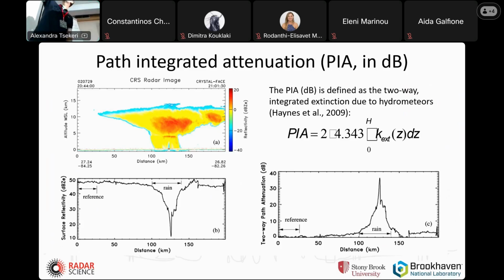If you look at the surface, the satellite starts from the left and moves to the right. At the beginning, the satellite has a clear path. There's nothing to obstruct the radiation. It hits the surface and gives you a very strong signal. But then slowly, you see what happens. As the satellite starts getting into this convective system, you can see that the surface strength reduces.